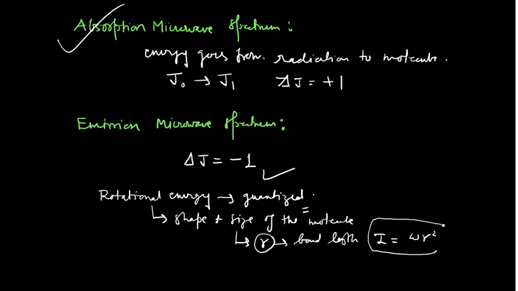That means your moment of inertia depends on the bond distance. That's why this rotational energy is quantized, and it is different for different kinds of molecules. This is the basis on which we have classified molecules as linear, spherical tops, symmetric tops, oblate, prolate, because they all have different kinds of quantized energy.